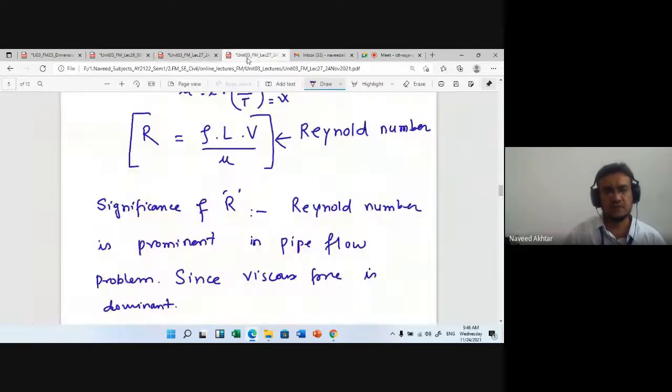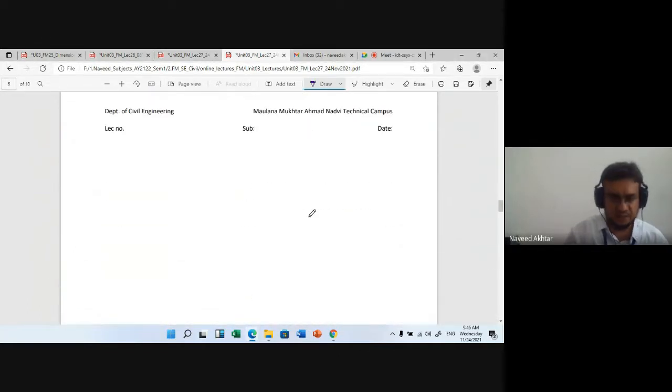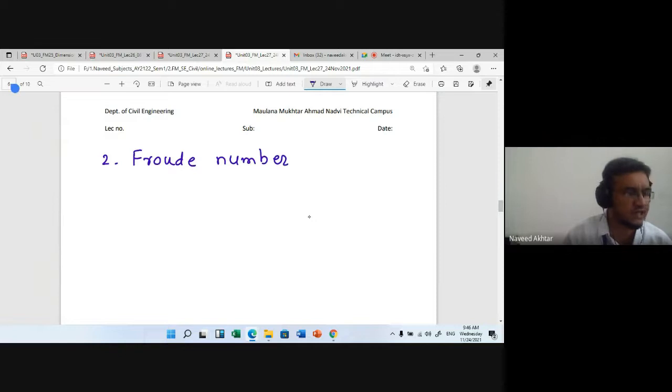Okay, so this is nothing but your Reynolds number. Now we'll see the next dimensionless number. Second is Froude number. This is the name of a scientist, so you can see the spelling of Froude number.